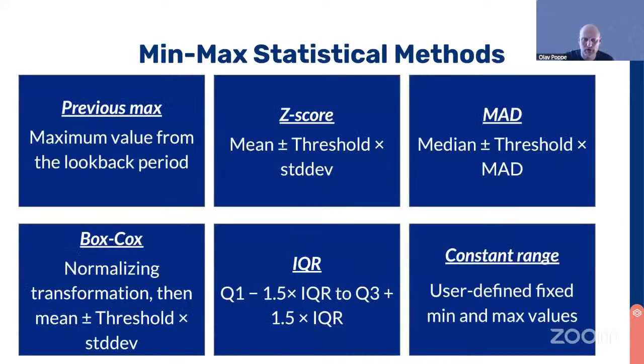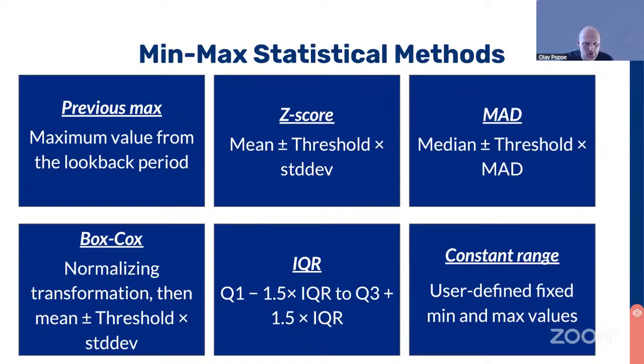Okay, I'm not going into all this since we're running out of time now, but this is just an overview of the different methods that you can apply when you're generating these min-max values. What is built into DHIS is just the Z score at the top, middle top there. But using the data quality workbench, you can use the median average derivative.